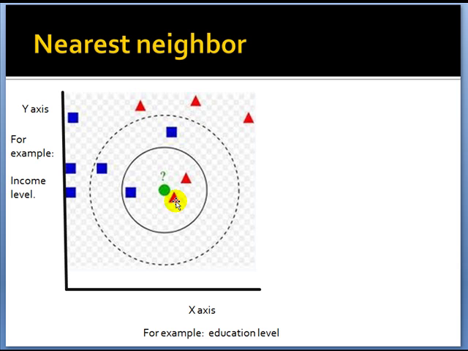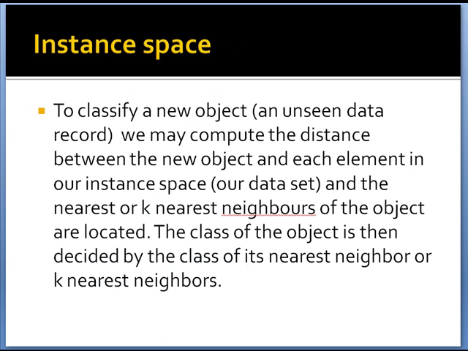Or you could use the 2 nearest, which are these 2, so you'd still classify it as red. Or the 3 nearest, then you would still probably classify it as red. If you use the 4 nearest or the 5 nearest, then you'd probably classify it as blue. So you could change that parameter and you'd get different answers.